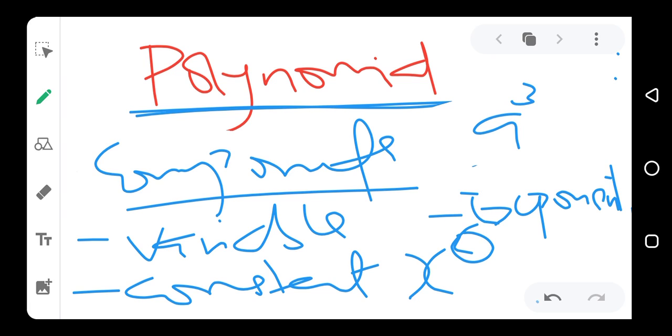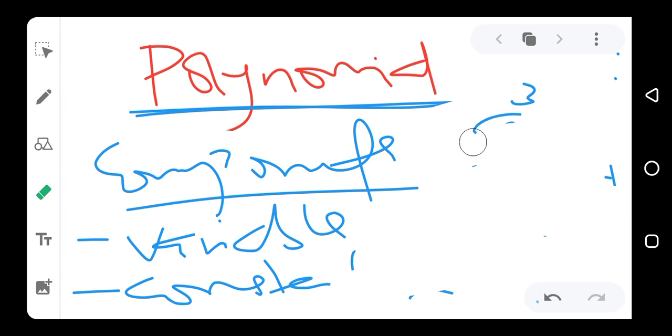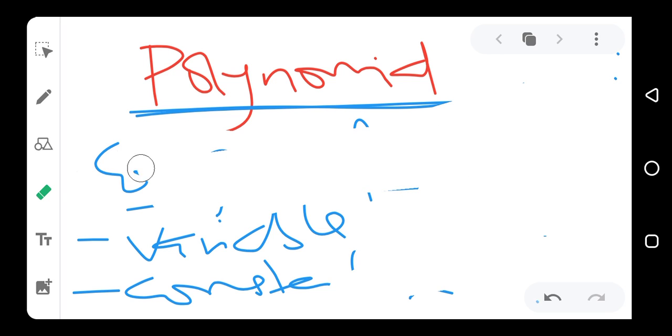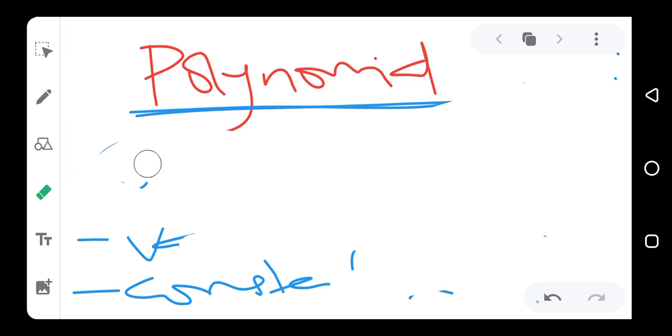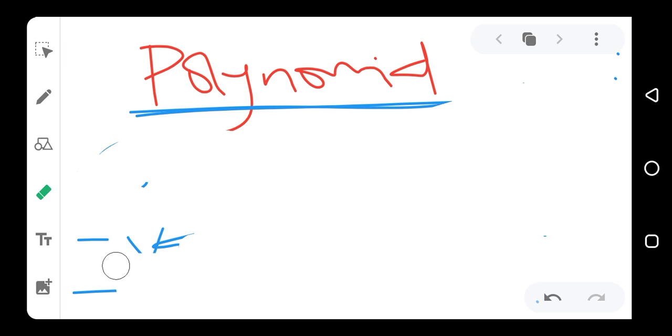In polynomial, we have 3 types of it. We have the one we call monomial, we have the one we call binomial, and we have the one we call trinomial. So we have 3 types of polynomial.